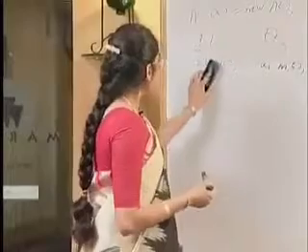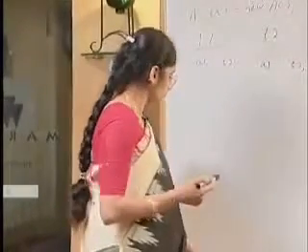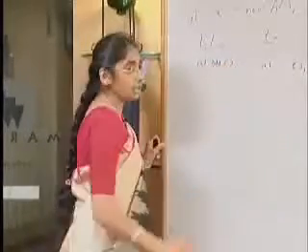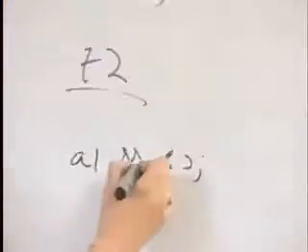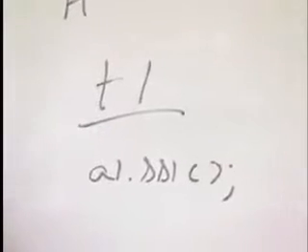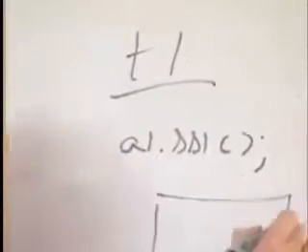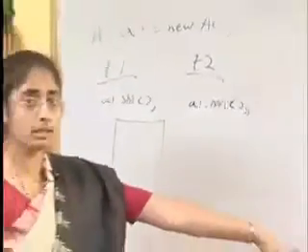Let's assume that thread 1 calls SS1 and thread 2 calls SS2. Is this possible? Please note, when we are calling SS1, SS1 is a static synchronized method.